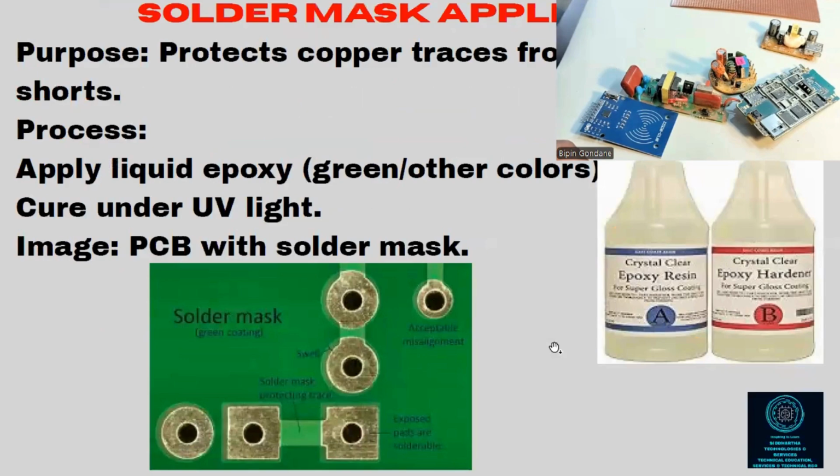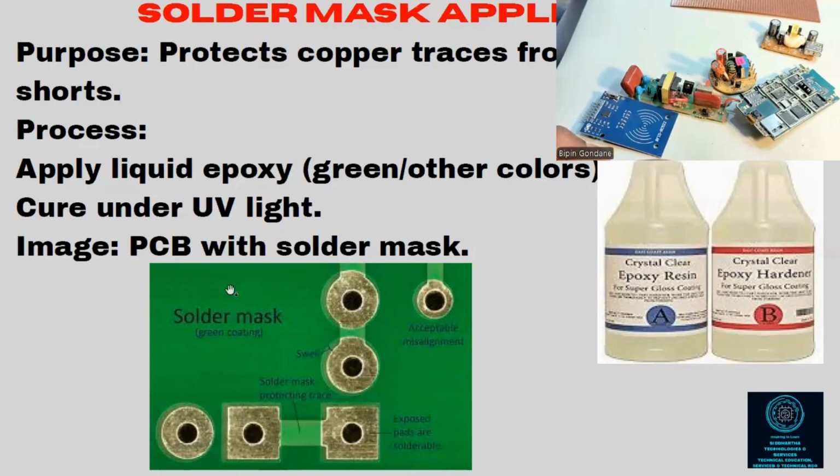All right, solder mask application. After cleaning, we have to put a solder mask. The solder mask leaves open the area surrounded by your holes where you will do the real soldering with the soldering iron, and the rest is protected.